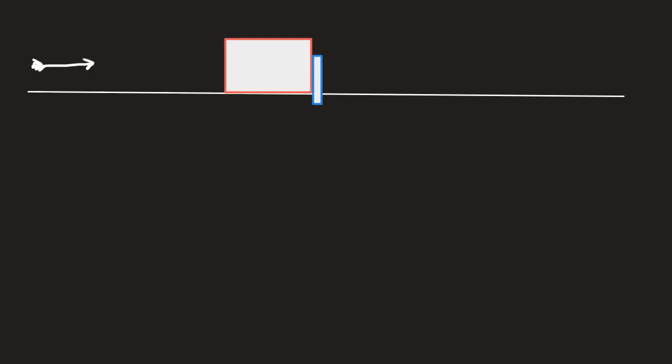The arrow is then fired in such a way that it embeds the block a distance d, is what they say in the problem.